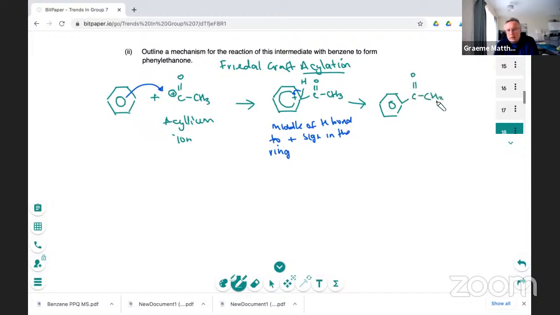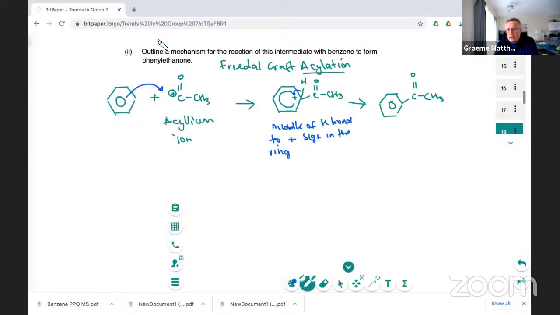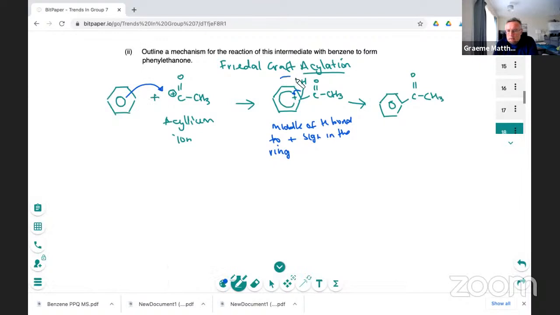Right then. Now, chemists, so far we're doing all right. You may be wondering, why does the hydrogen just decide to donate its electrons to the ring? Because, all right, and this is best practice that you do this, okay, look. You've got the chloride ion, and I always draw them like this.